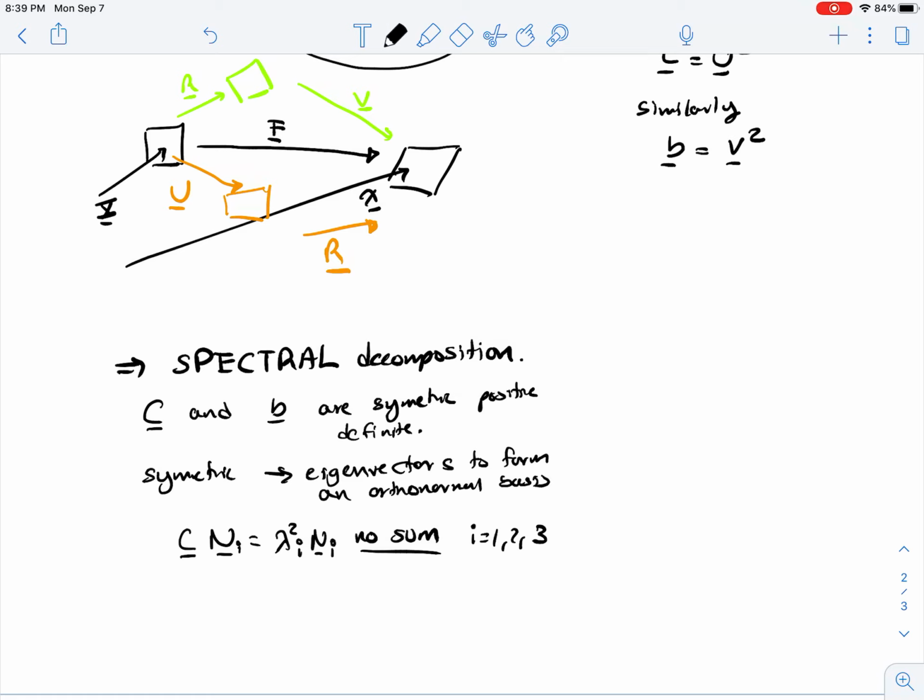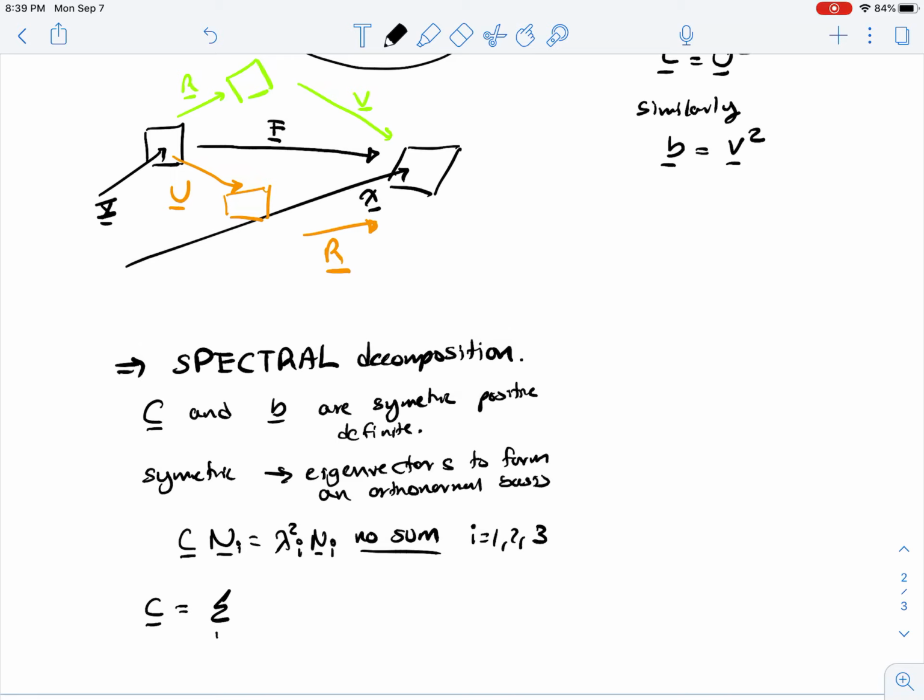And then because it's a positive definite tensor, I can call the eigenvalues lambda square. That's fine because I know that all the eigenvalues are positive, so I can just have lambda square. I choose to do that because it already reflects that they are positive.